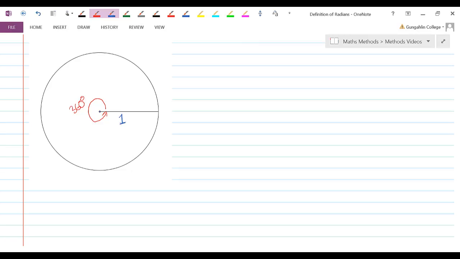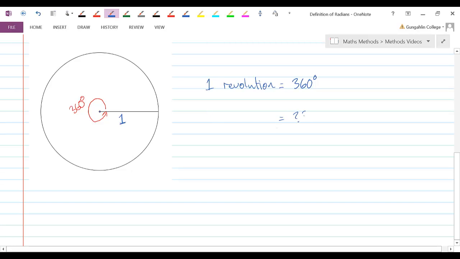We've been working with those since primary school, so we've got a good sense of what 360 degrees looks like. We kind of have it rammed in our heads that 360 degrees is 1 revolution. But how big would it be in terms of radians?